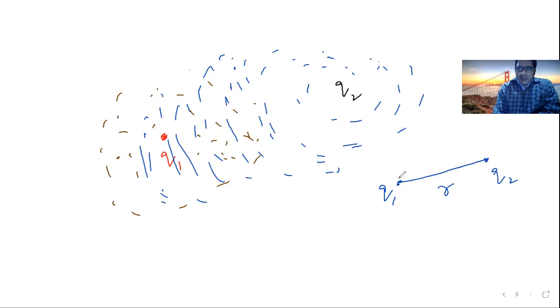If the distance is 3 into 10 raised to 8 meters, and I move Q1, Q2 will sense it after 1 second, because the interaction will take 1 second to reach Q2.